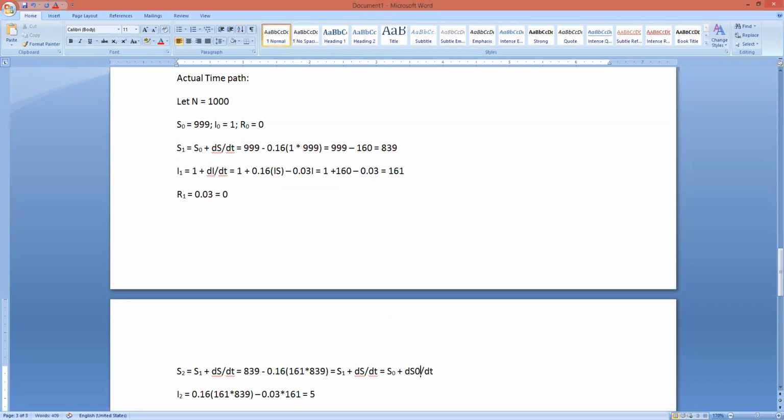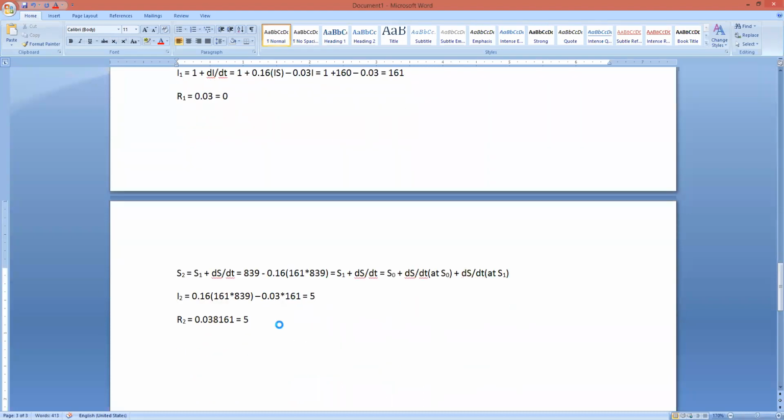You can see it is evaluated at S0, and you have dsdt, which is evaluated at S1.